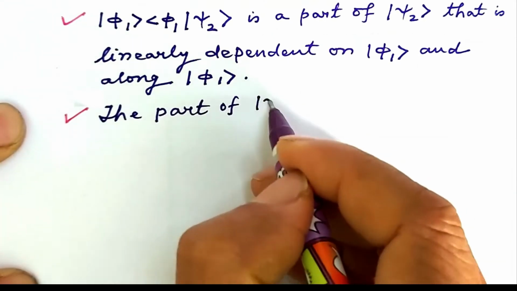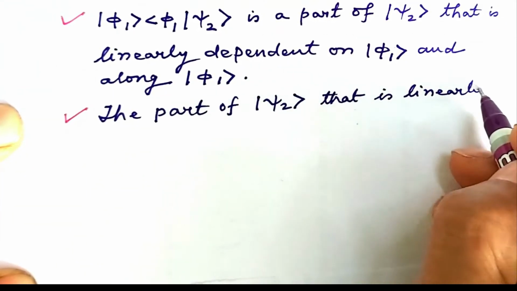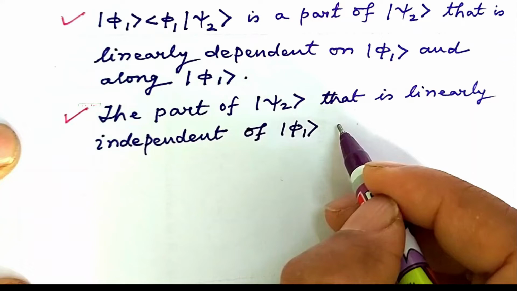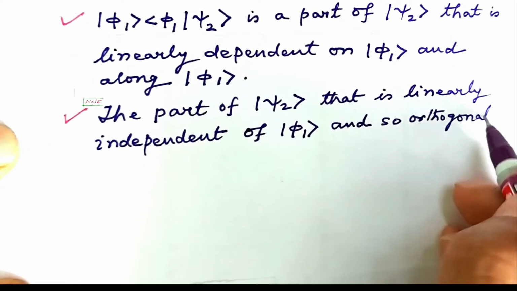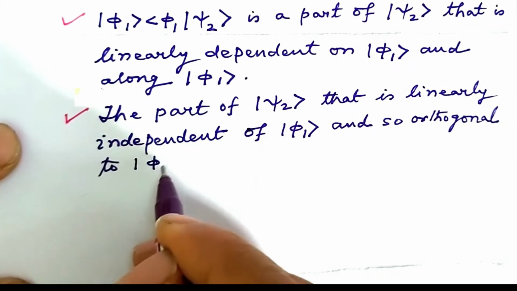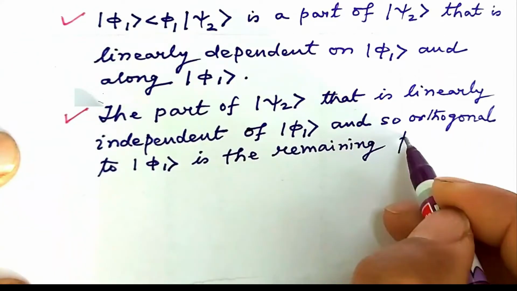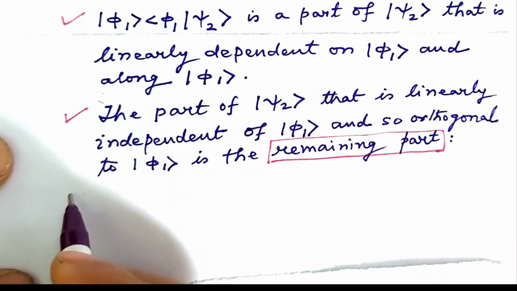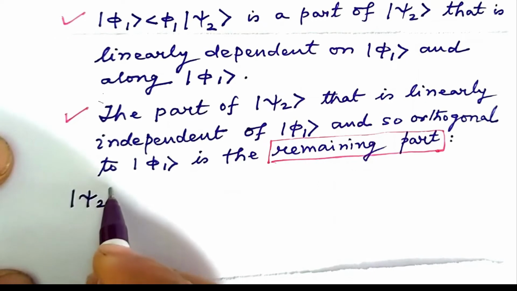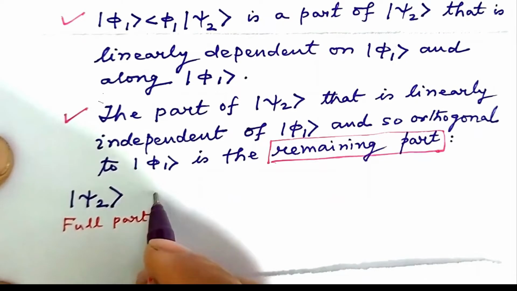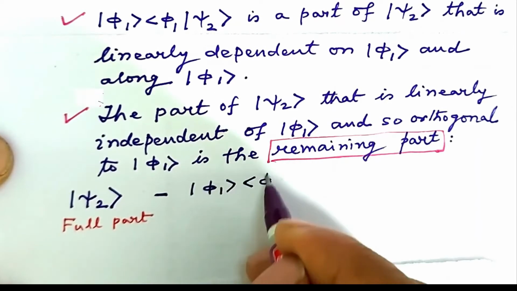The part of ket psi 2 that is linearly independent of ket phi 1, and so orthogonal to ket phi 1, is the remaining part, which is ket psi 2, the full part, minus the linearly dependent part.